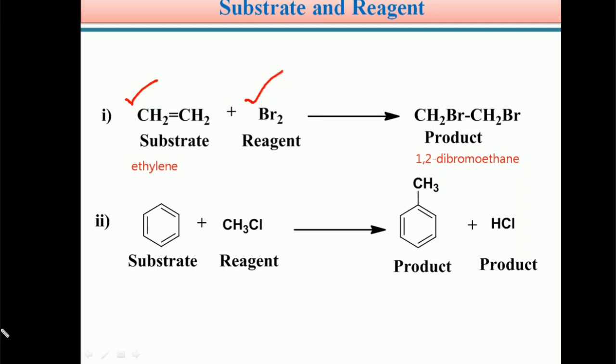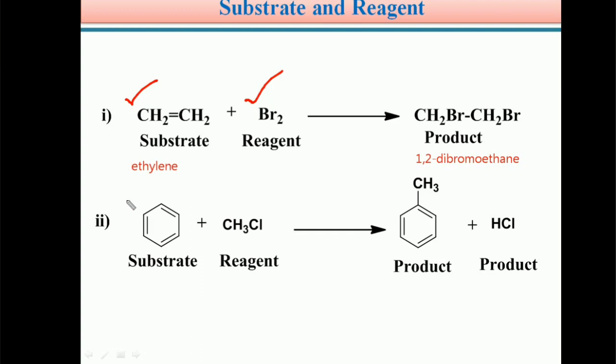Students, in some organic reactions, both the reactants supply carbon to the new bond formation. In that case, out of the two reactants, the organic molecule on which more attention is focused during the reaction is taken as a substrate and the other reactant is taken as a reagent.